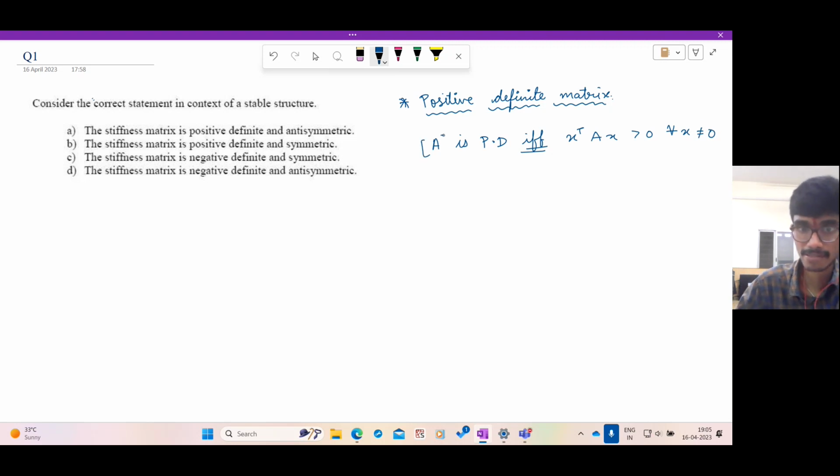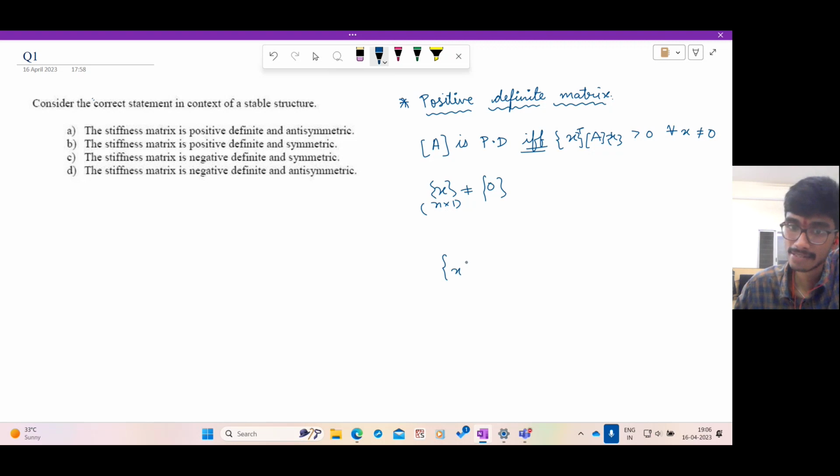So A is a matrix and X is a column vector. So you take any X, n cross 1, which is not equal to 0, and pre-multiply A with X transpose and multiply the entire thing with X.